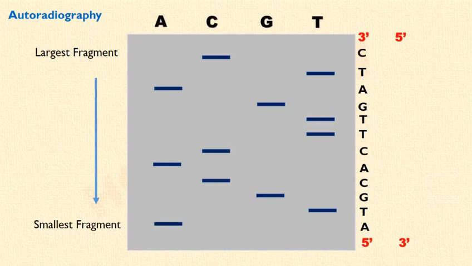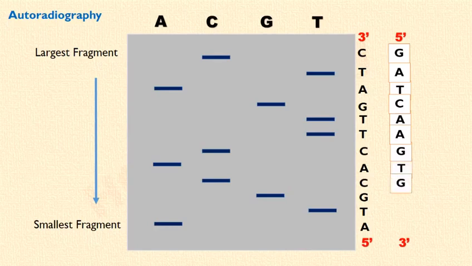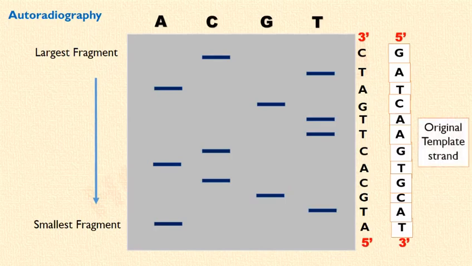And the sequence is G, A, T, C, A, G, T, G, C, A, T. Thus, we successfully obtained the sequence of the given DNA strand.